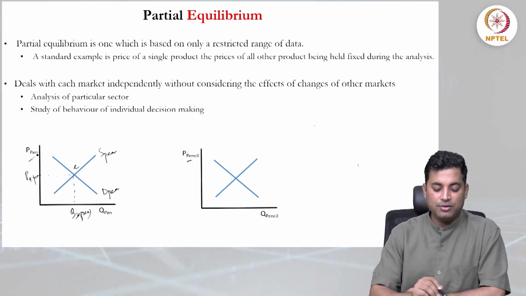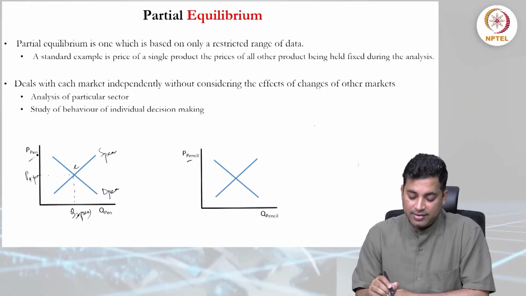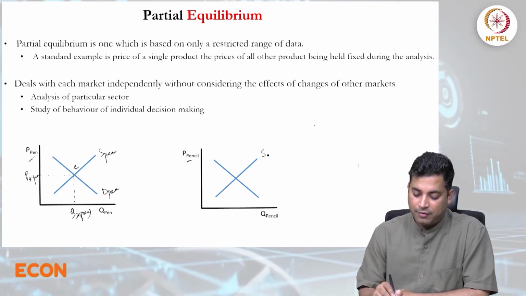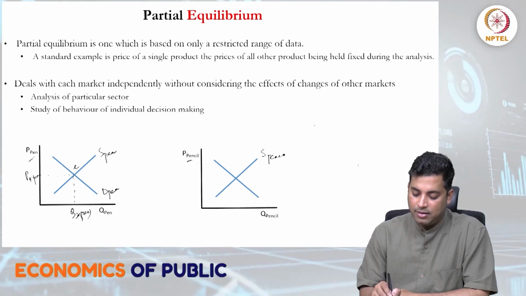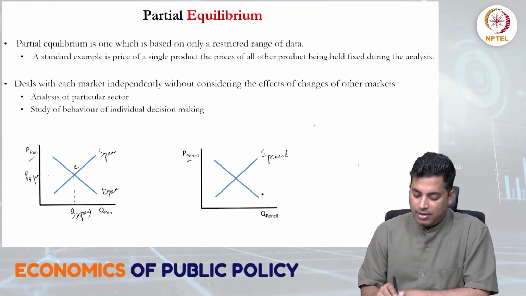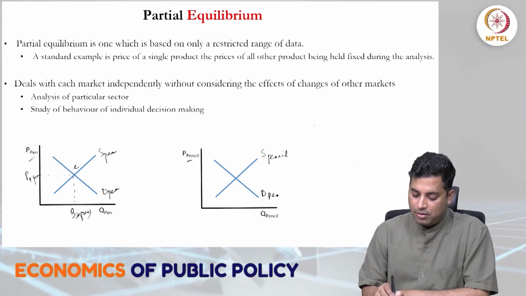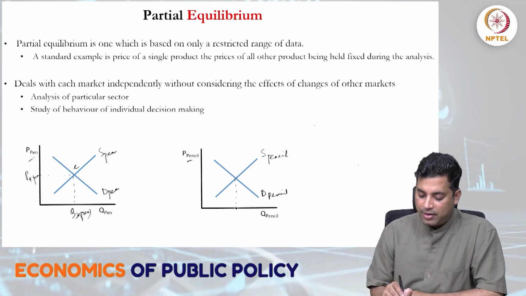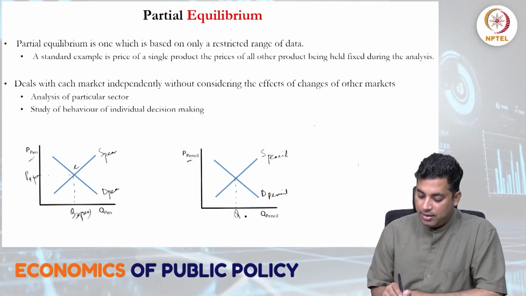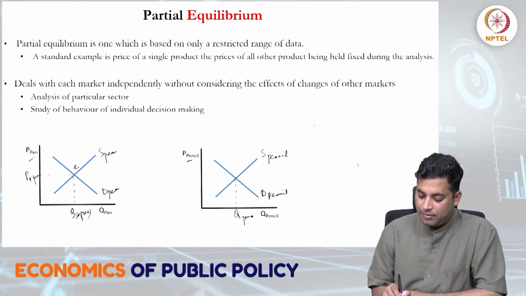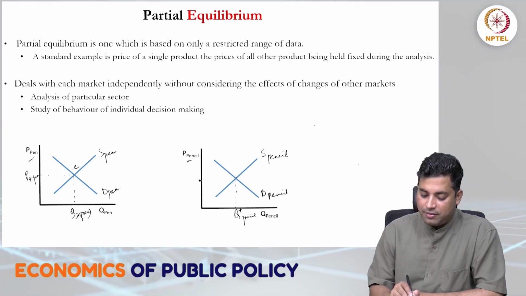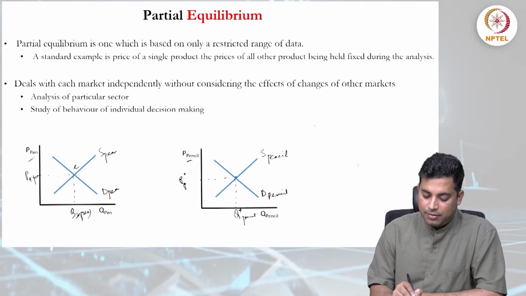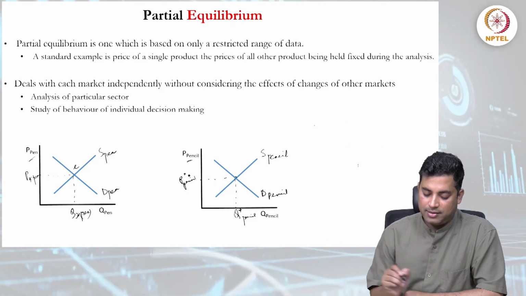Likewise here, the supply curve for pencil, the demand curve for pencil, the optimum level of quantity and the optimum level of price for the pencil.